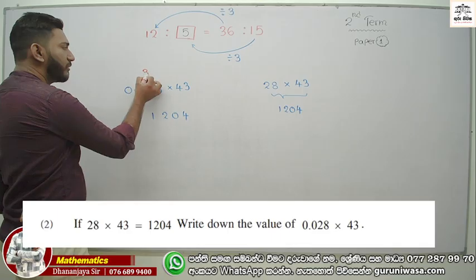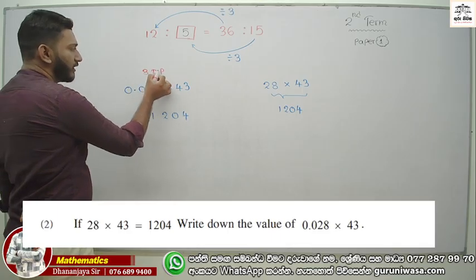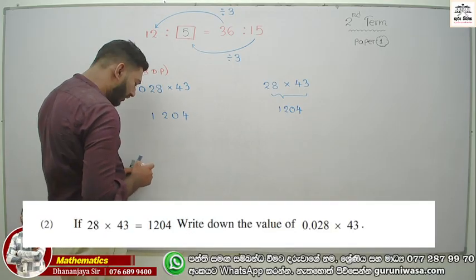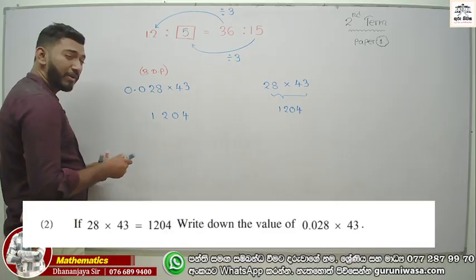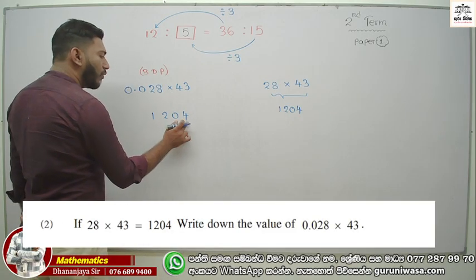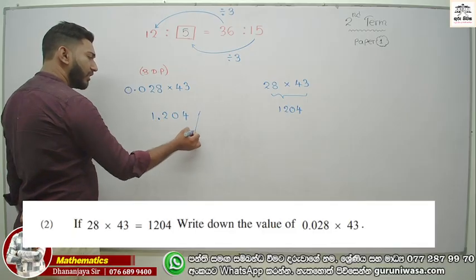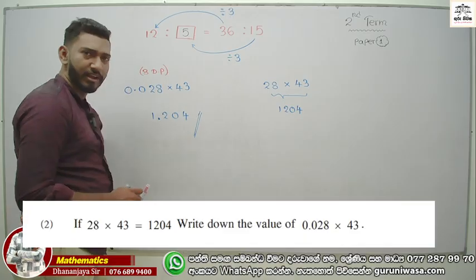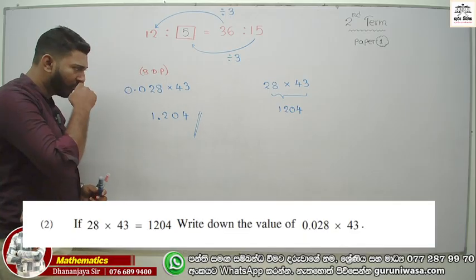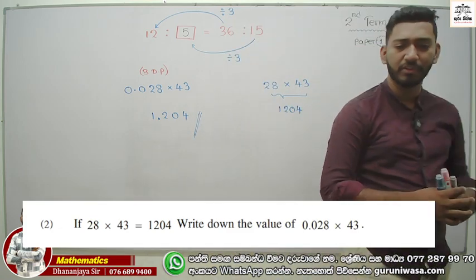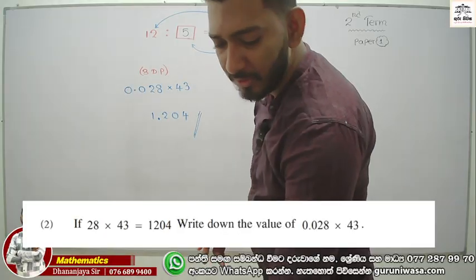There are 3 decimal places. Therefore, you need to keep a 3 decimal place number, 1, 2, 3, and this is the decimal point. Now this should be the answer, 1.204. This is the answer for the second question.